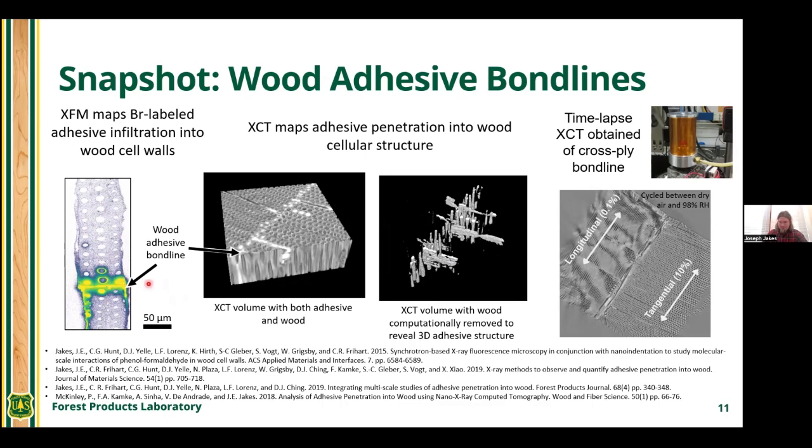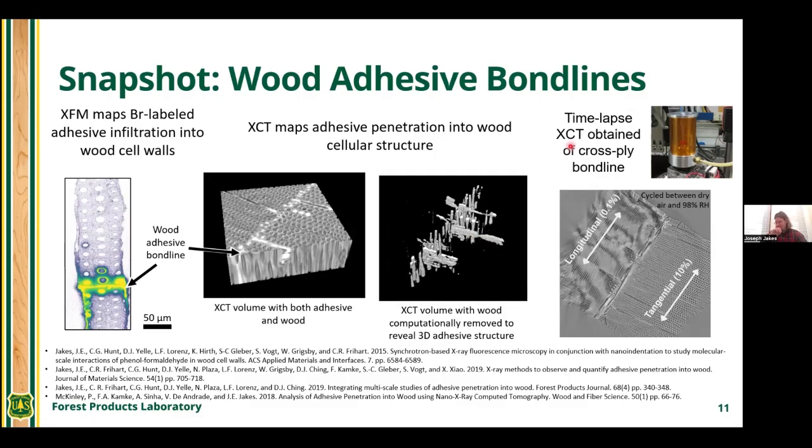Another advantage of using bromine is that it increases the density of the adhesive. So when you do XCT, it increases the contrast between the wood cell walls and the adhesive. And so you're able to computationally remove the wood structure and actually see the 3D structure of the adhesive flowing into the wood structure, down the ray cells and up tracheid lumina away from the bond line.